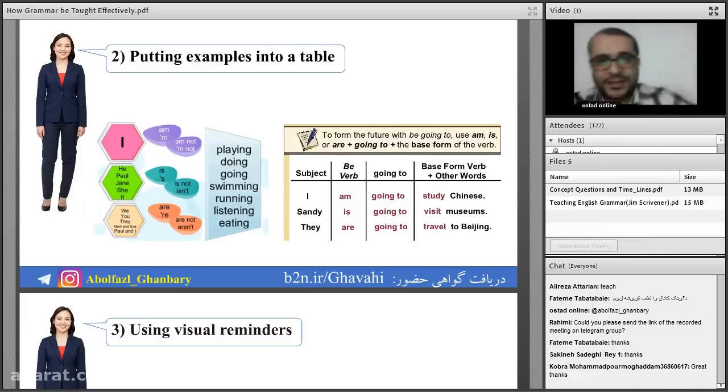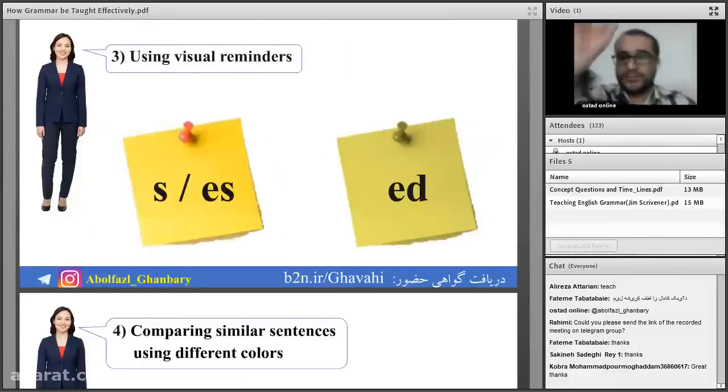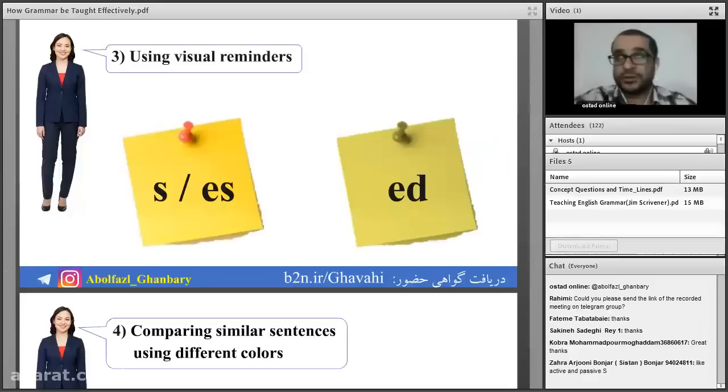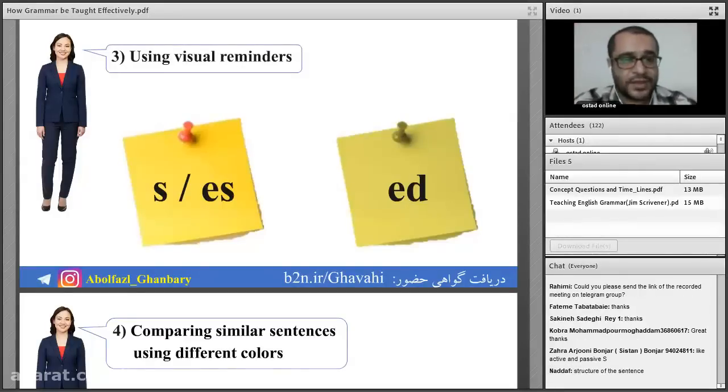So the second technique is putting examples into a table. After writing the key marker, the main example at the top of the board, you can ask the learners to put the form, the structure, the words in the appropriate column. The third one is using visual reminders.